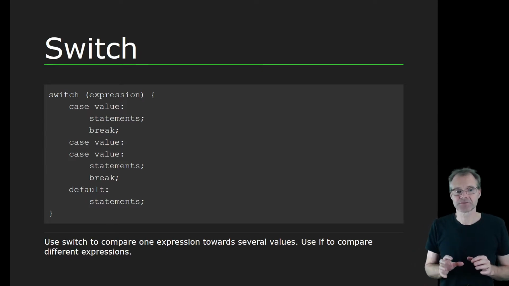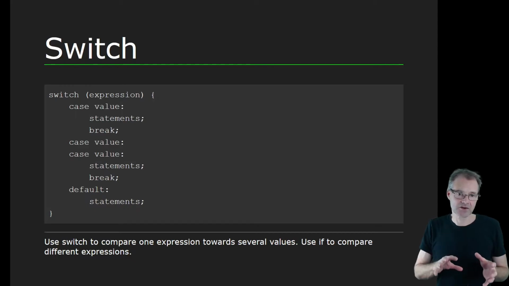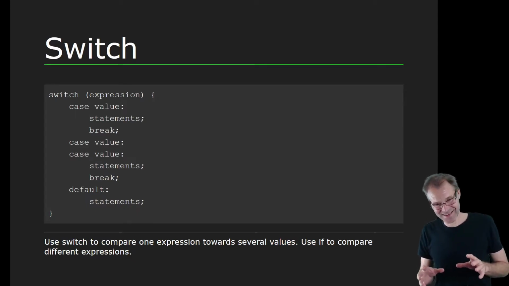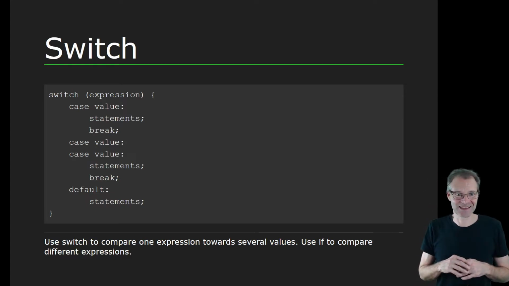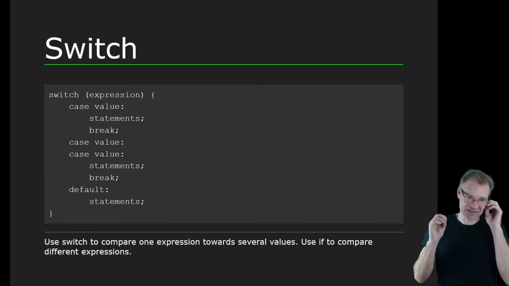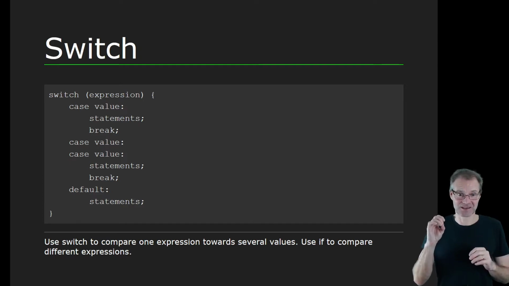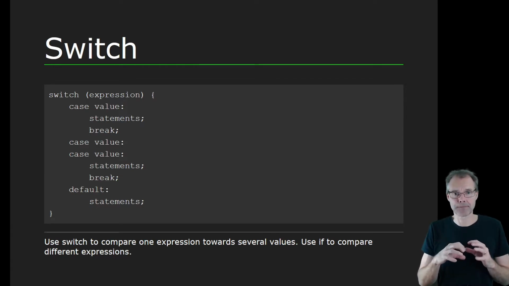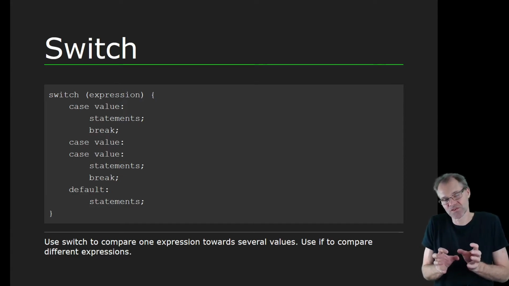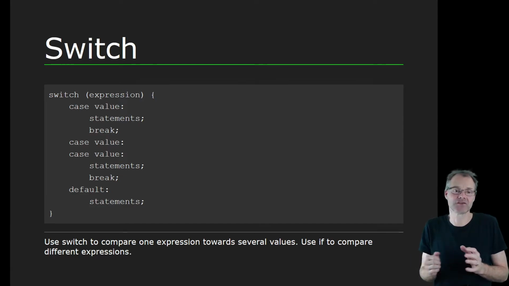A switch case statement is, well, let's call it a specific if-else statement, basically. It's particularly good, and used in general, when we only have one expression, and this expression can evaluate to different values, and we want to check what value it was and do different things about it.